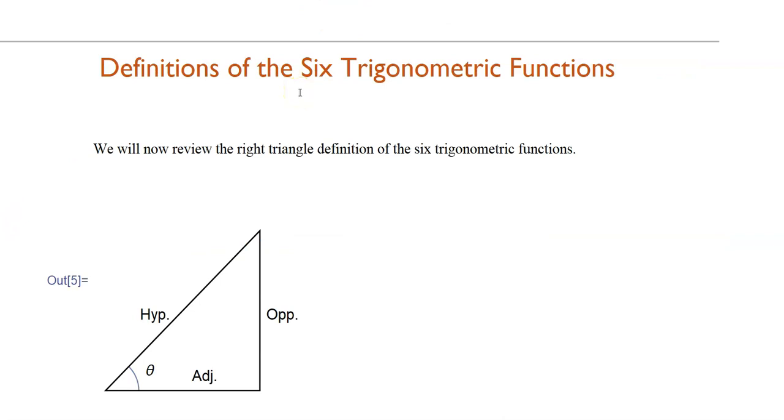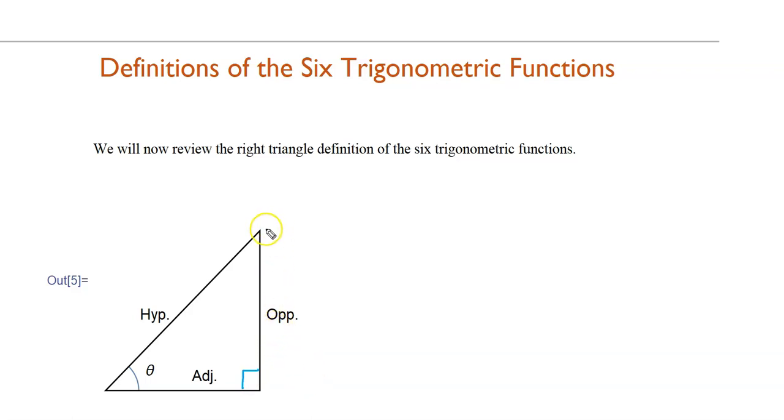Now let's review the definition of the 6 trigonometric functions that we'll be using throughout the course. First of all, remember that to define the 6 trig functions, there are 2 ways we can do it. One way is to use the right triangle approach, where we have a right triangle drawn here. This angle down here is a 90-degree angle, or pi over 2 radians.